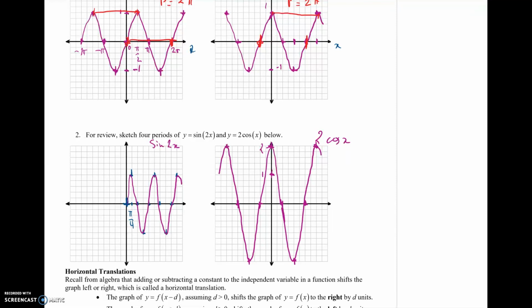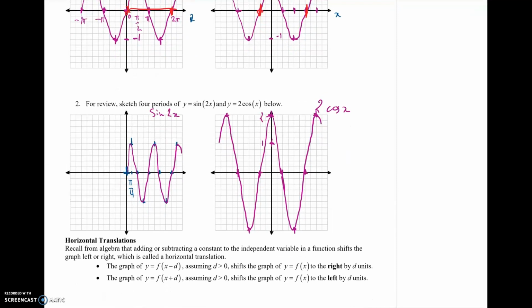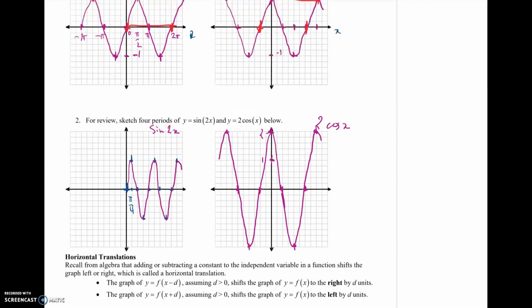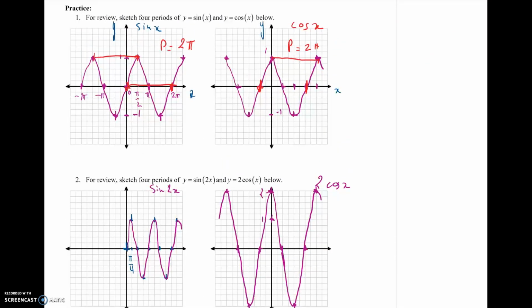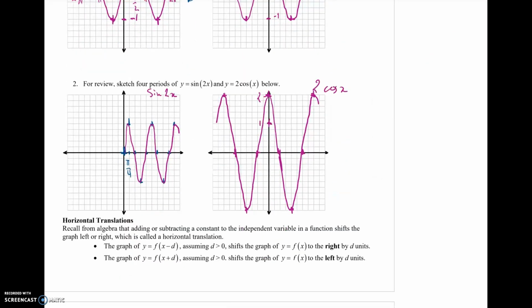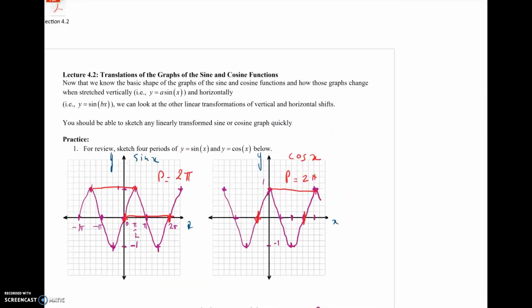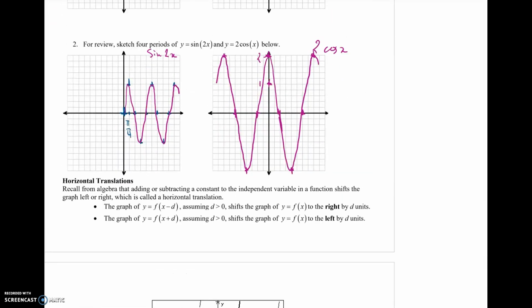As you can see, when you compare sin 2x, the period p, which was 2 pi previously, for sin 2x is going to be from x equals 0 to x equals pi over 2.